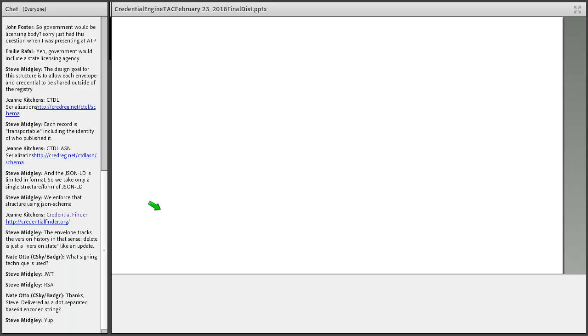So this is a screenshot of what the JSON-LD looks like for the payload. This is using a browser extension that makes it a little bit easier to read and provides some nice colors and formatting. Inside the envelope, there's a number of properties, one of which is the coded resource, and that's what holds the human readable version of the payload.